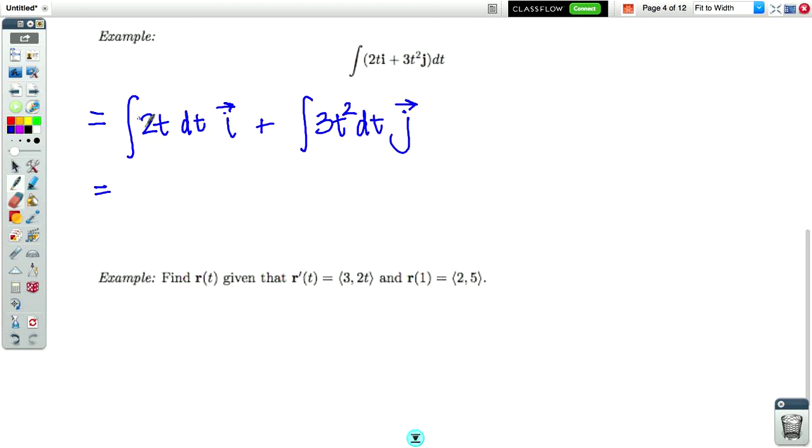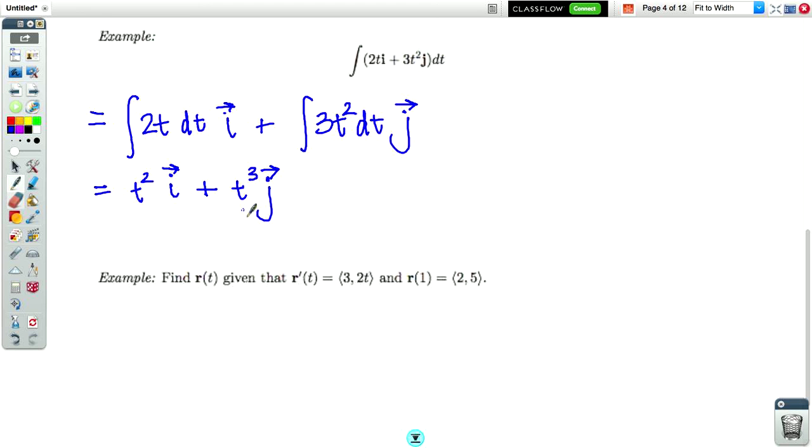So the integral of 2t is going to be 2t squared over 2, so in other words just t squared, times i, plus, and then 3t squared is just going to be t cubed times j.